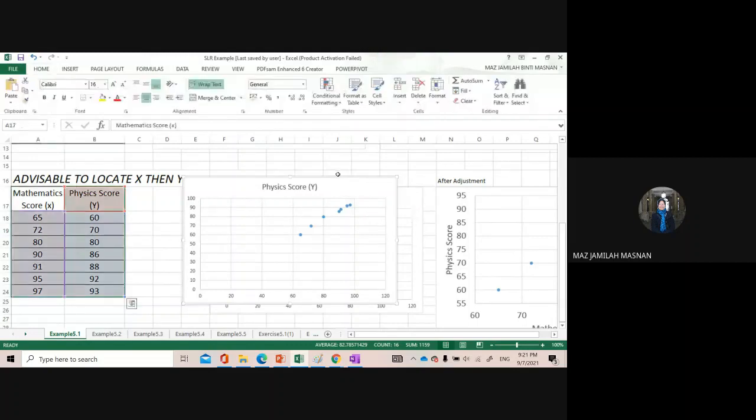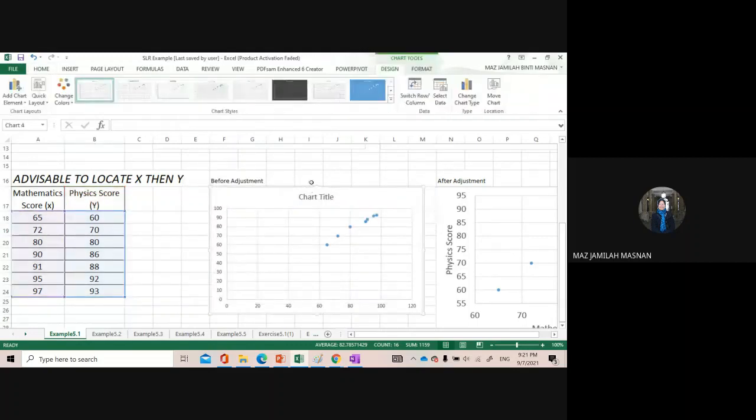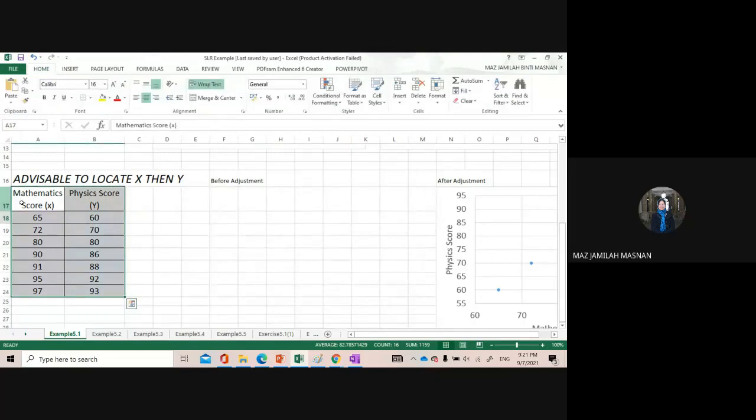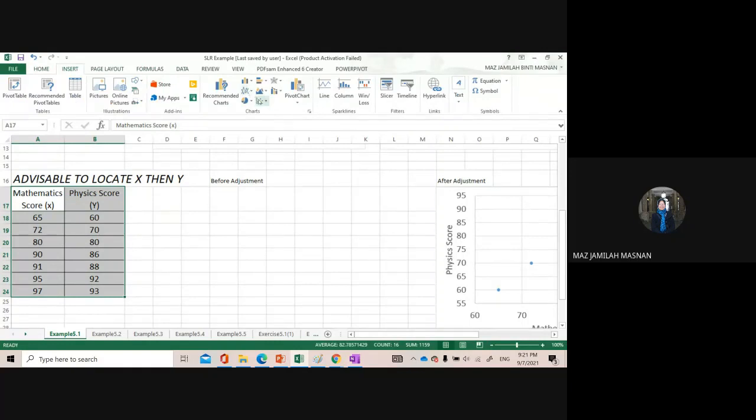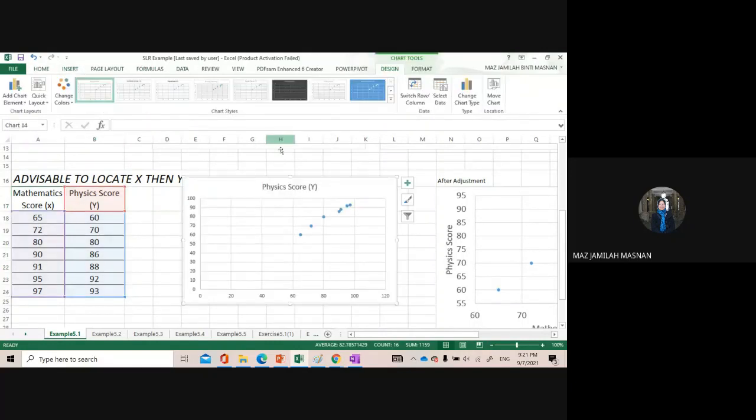Let's say I do it again, because I have done it before you. You can just start by not clicking the data, but I usually click my data, then go to insert, go to scatter, choose the scatter. But what happened here, class?